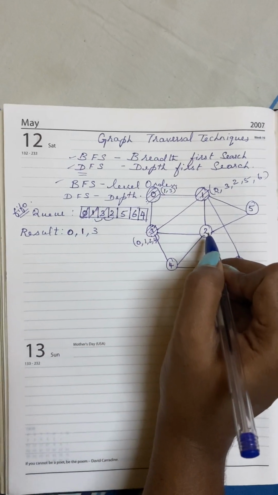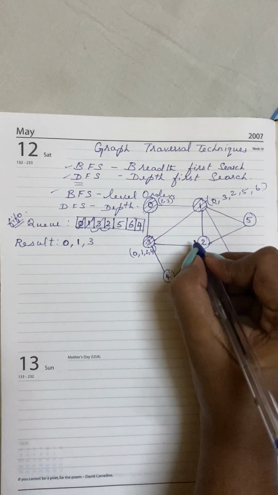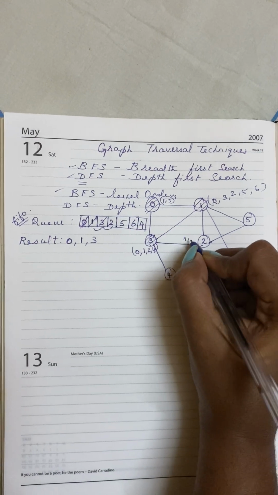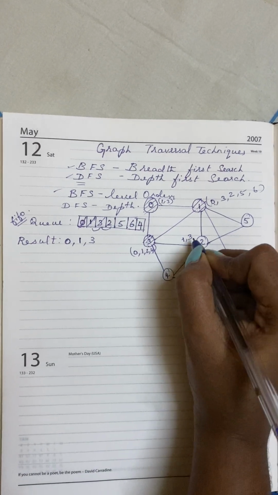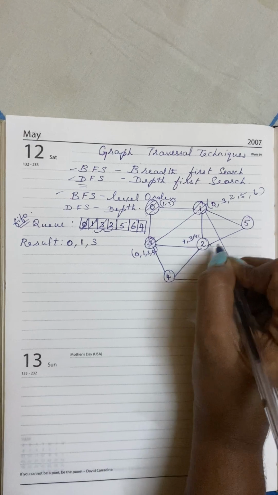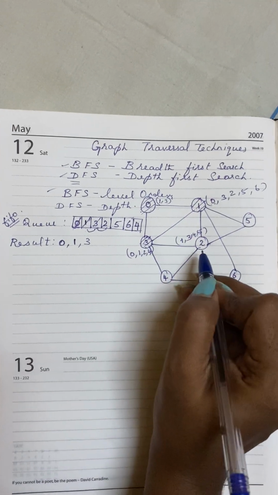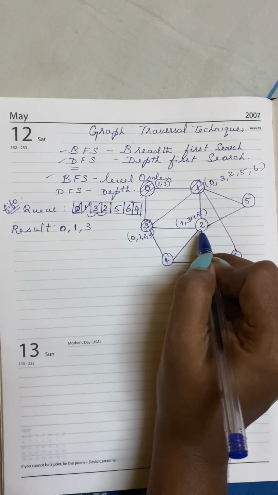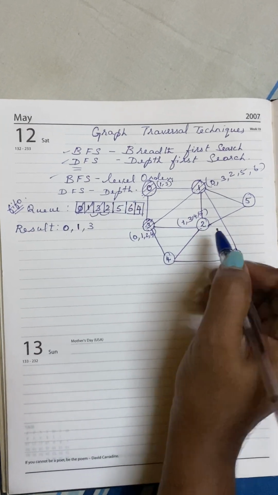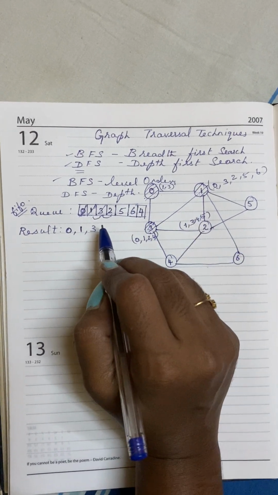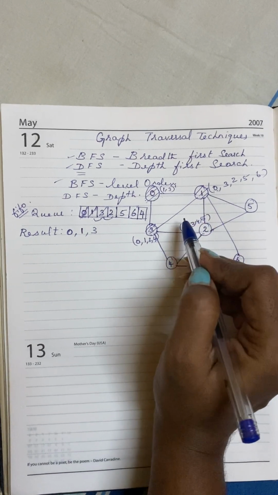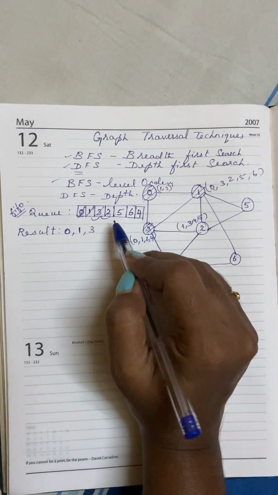You are checking for the adjacent elements, which are going to be 1, 3, 4 and 5. These are the adjacent elements of 2. So in the same way, you have to insert the vertex which has not been previously inserted in the queue.